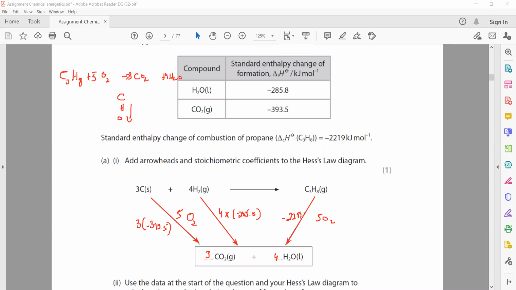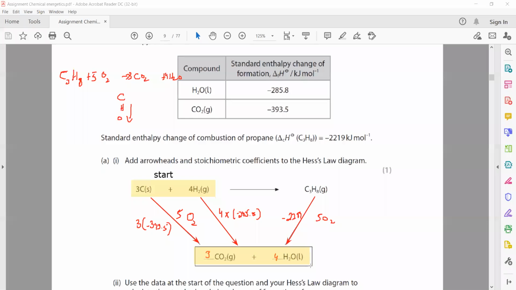2219. According to Hess law, where the 2 arrows are pointing out, that is the start of the cycle. So we'll have this as the start. And where the 2 arrows are pointing in, that is the end of the cycle.